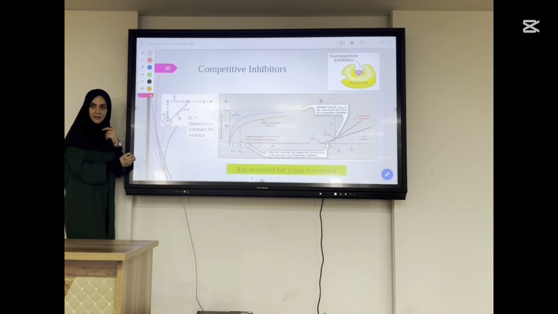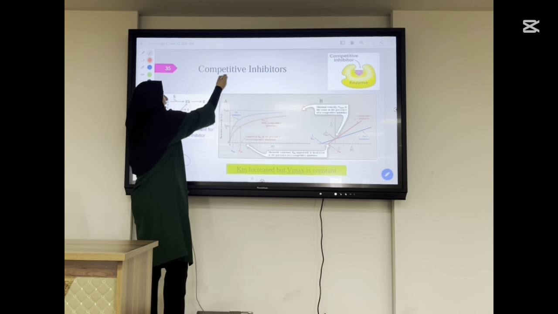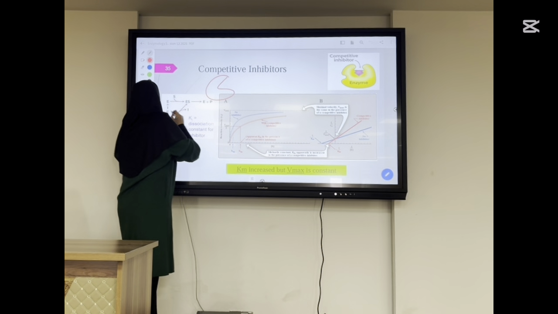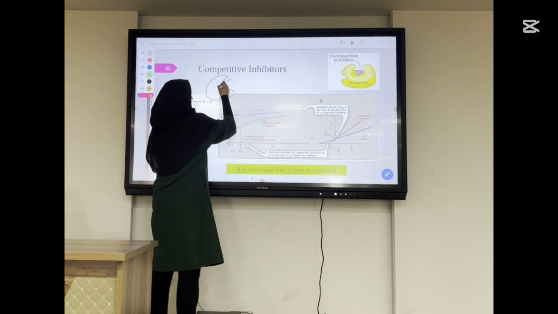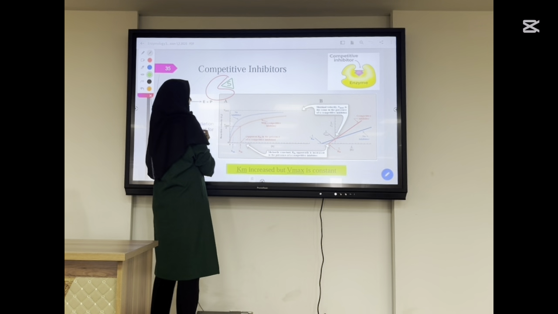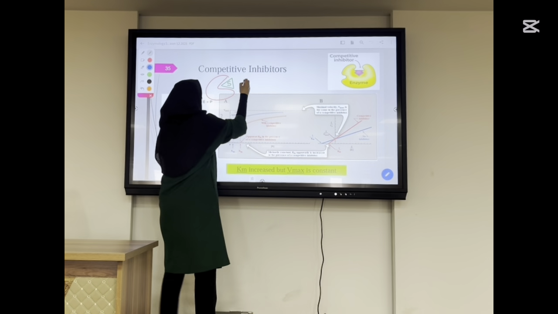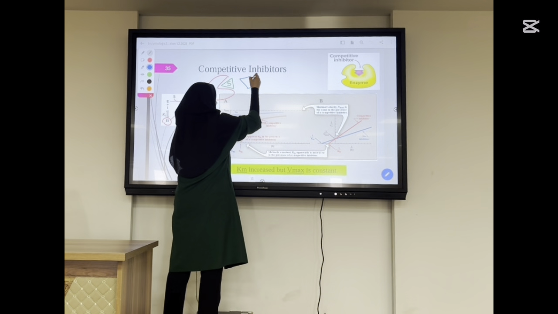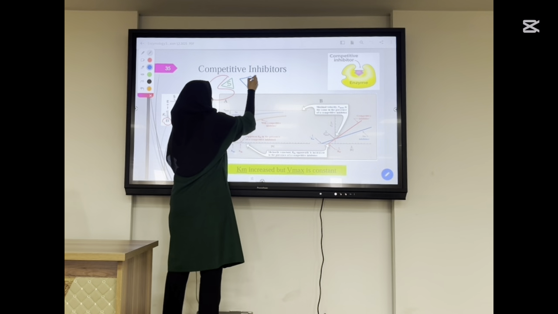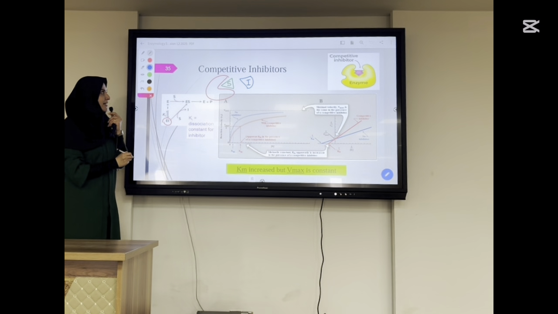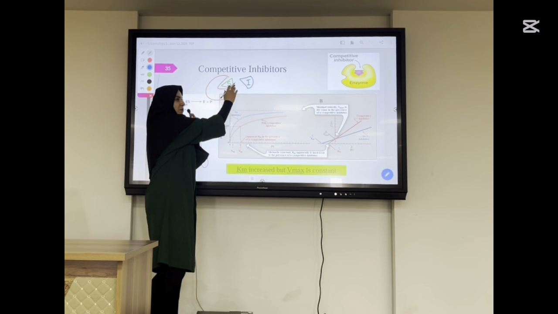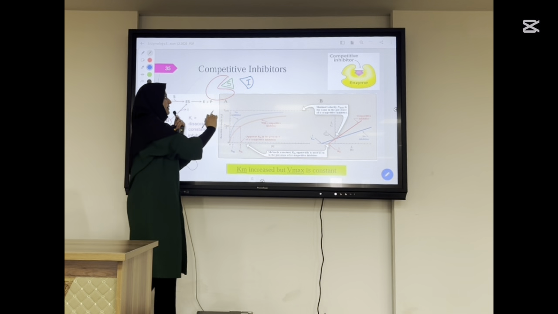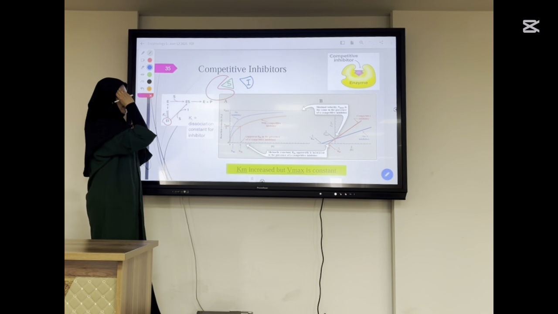Is it clear? For example, this is free enzyme. Please pay attention, this is the substrate, for example. And this is the inhibitor. As you can see here, they are very similar. Only a few small differences are present in the structure of substrate and inhibitor.